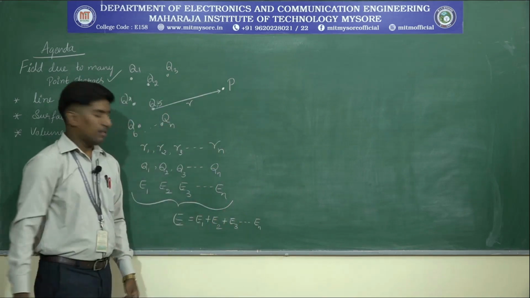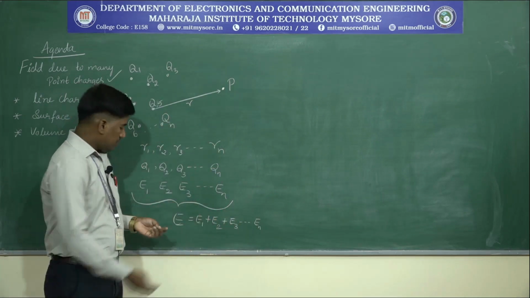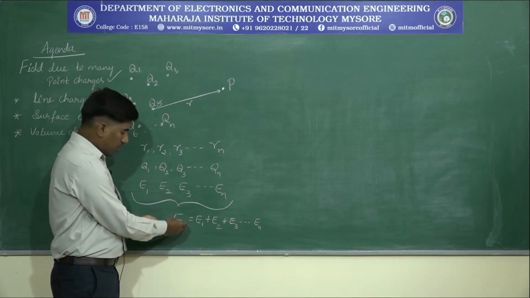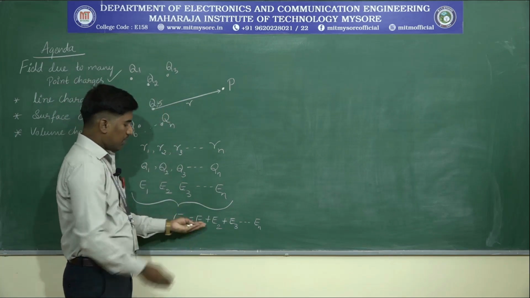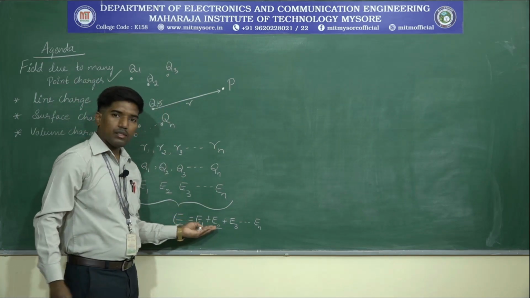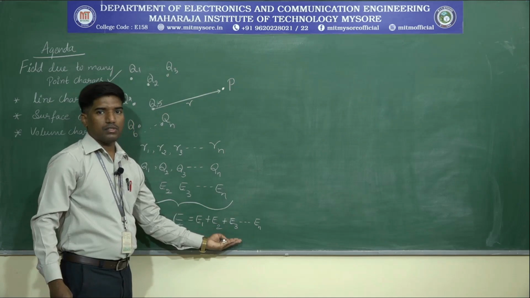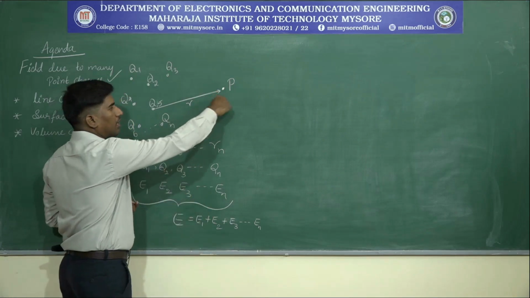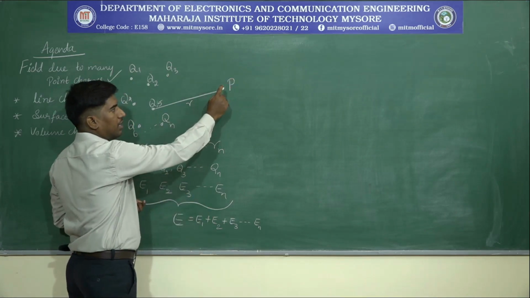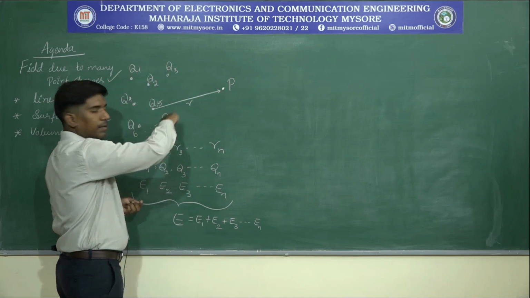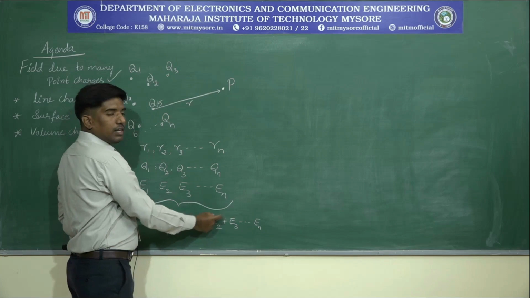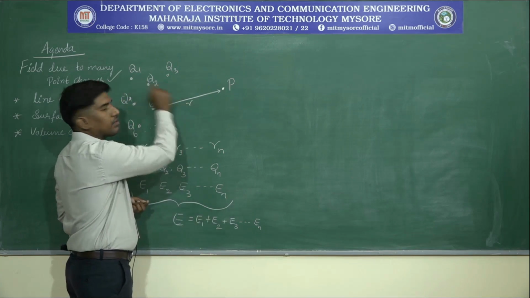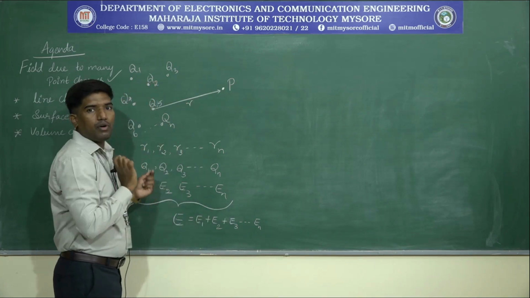This is what the superposition principle says: the overall response of the system is equal to the sum of the individual responses. So the overall electric field intensity at point P due to all the point charges is the sum of the electric field intensities contributed by each point source.